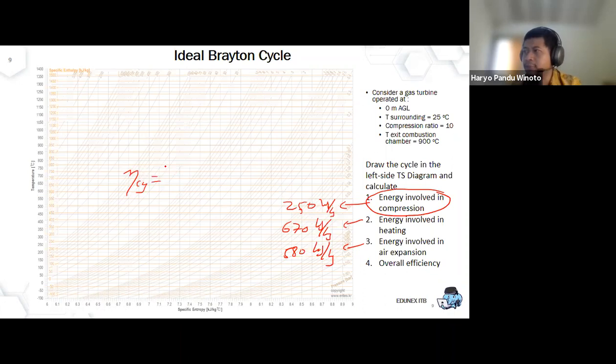The cycle is what? Turbine minus compression over QH. So what is the turbine? Turbine is 580 unit, and then minus 2. Oh, sorry, really sorry.